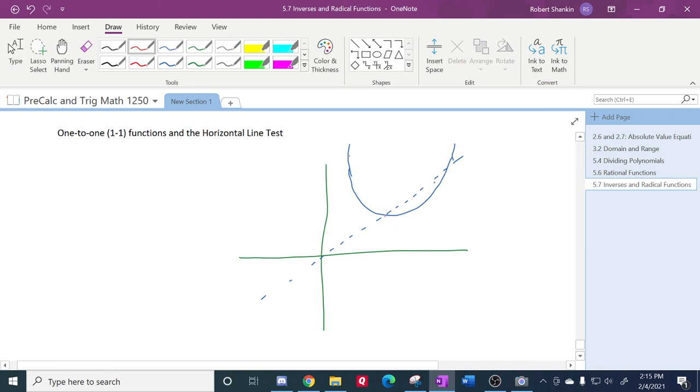This point, from here to here, these points reflect to each other because they're on the line. And then this would come over like this.